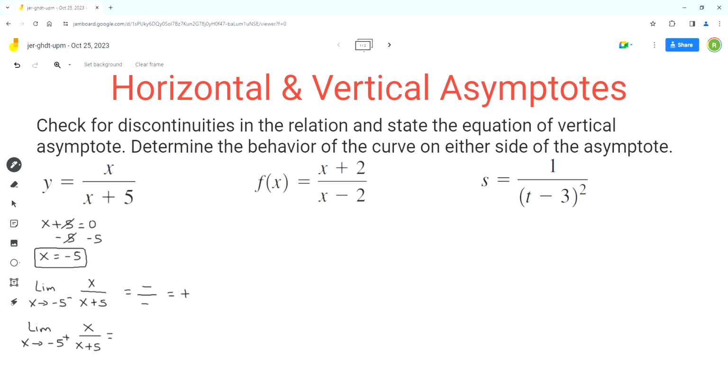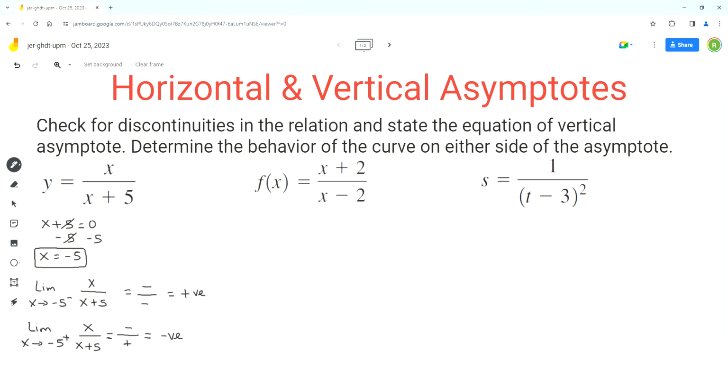If we sub in x as -4.9 or -4.99, the numerator will be a negative number and the denominator will be a positive number, because in the denominator -4.9 or -4.99 plus 5 will give us a positive result. So the overall value for this limit will be a negative number. That means as x approaches negative 5 from the right side, y approaches negative infinity.